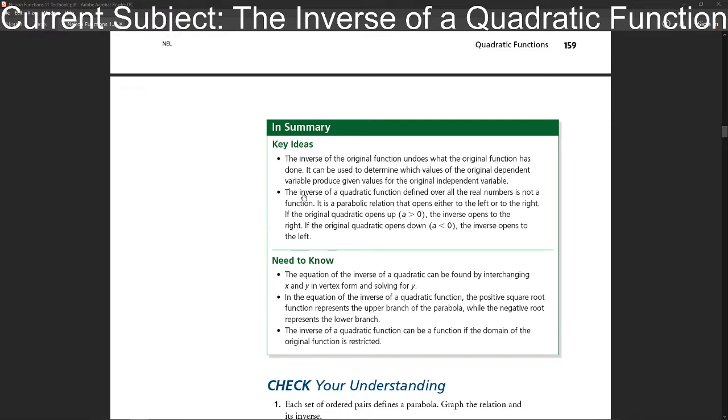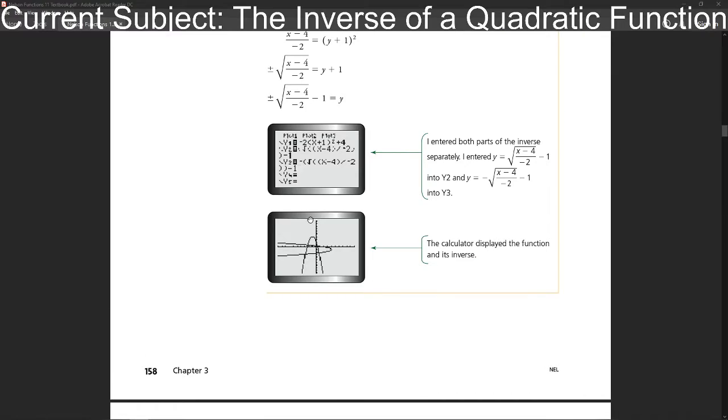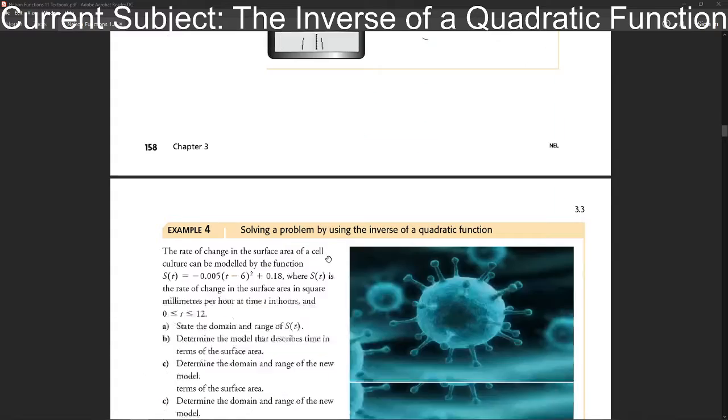That's cool. It's pretty neat how it's positive opens up, negative opens down. Negative inverse opens left. Positive inverse opens right. So you can pretty much hit every single angle using a quadratic, essentially.